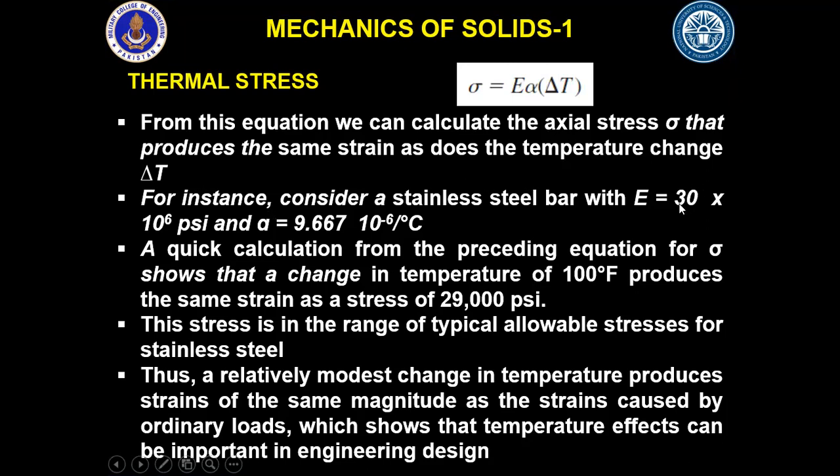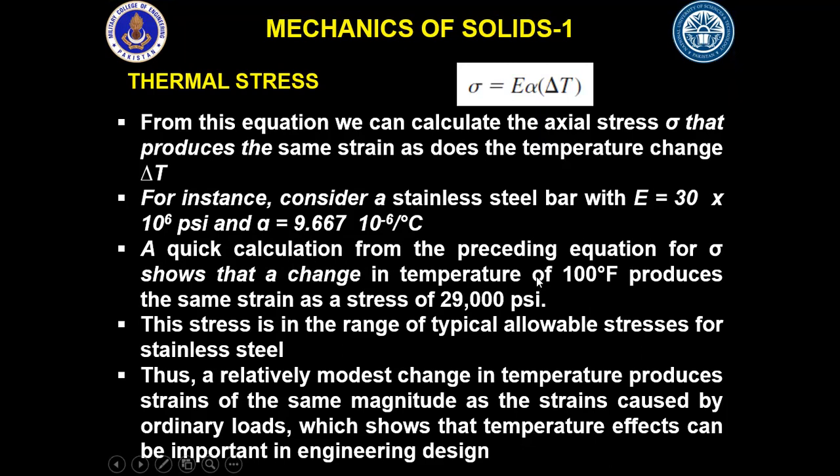The modulus of elasticity, if we are talking about steel, is 30 into 10 raised to power 6 psi, and the alpha value for steel is 9.667 into 10 raised to power minus 6 per degree centigrade. Okay, so there is an example over here which quickly states how important the thermal stresses are.